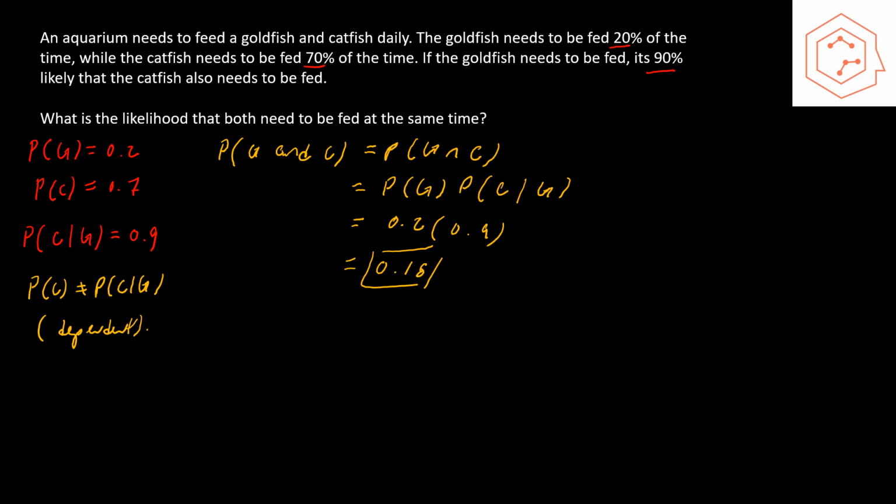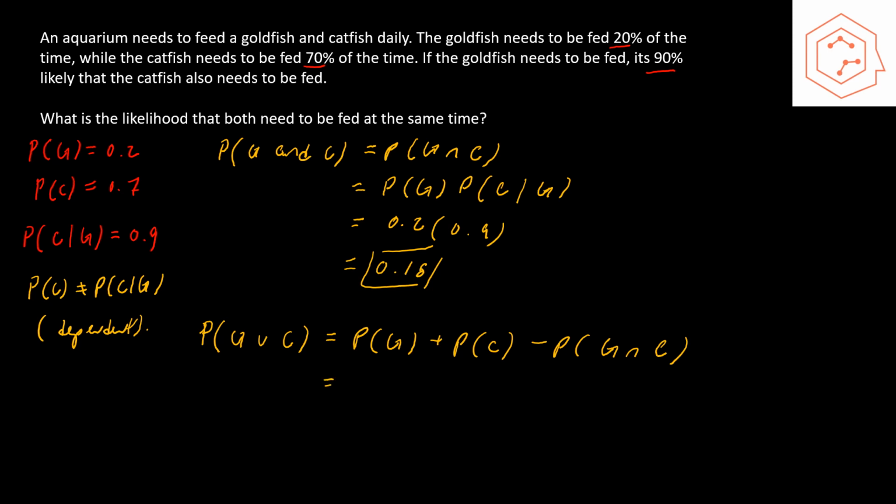Now we can also ask the question, what is the probability that either one needs to be fed? So the probability of either the goldfish or the catfish needing to be fed. That's going to equal the probability that the goldfish needs to be fed plus the probability that the catfish needs to be fed minus the probability that both of them need to be fed, since that would be accounted for twice.